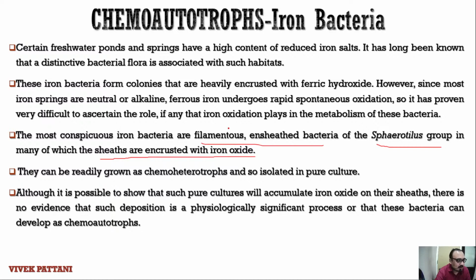They can be readily grown as heterotrophs also, and can be isolated in pure culture. But there are various others which can be grown chemoautotrophically, which we will study now.